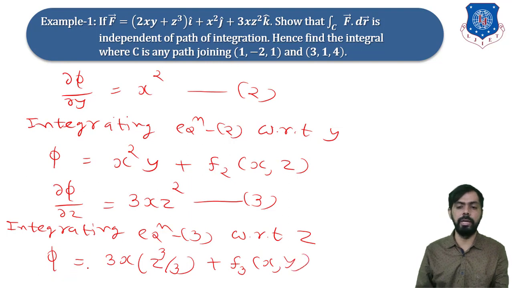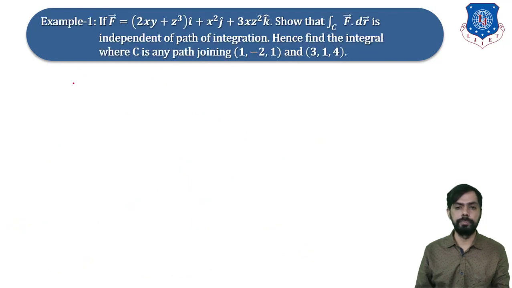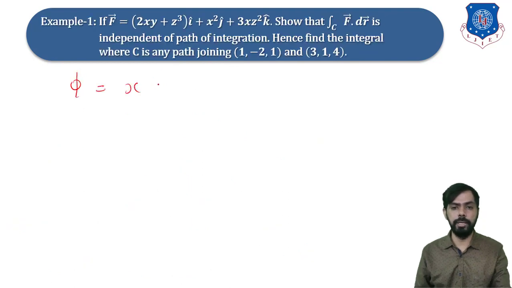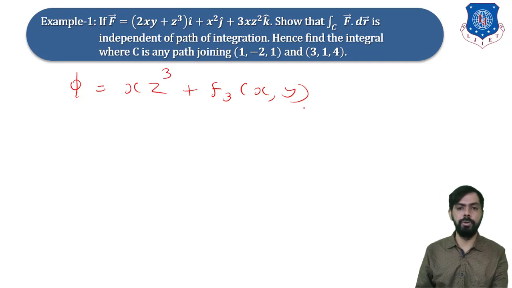If we simplify this, the 3 cancels out, so phi will be xz cube plus some function of x and y.